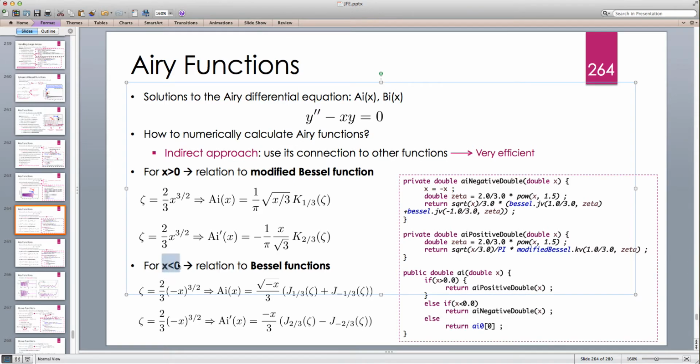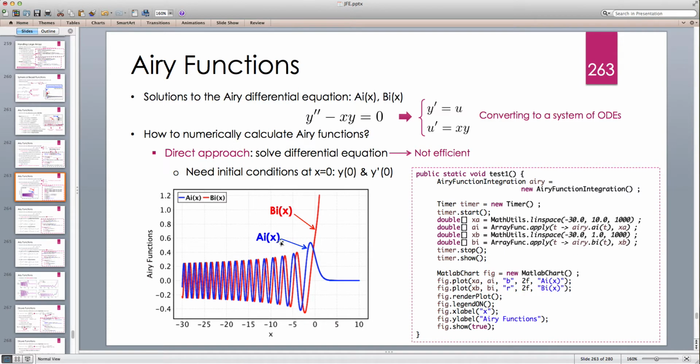All right, so very straightforward. And then for x negative, we switch to Bessel functions instead of modified Bessel functions. And again, you can immediately see which Bessel function it is. We know that Ai of x has an exponential decay behavior, and if you recall, this was the behavior of the modified Bessel function of the second kind, the K function.